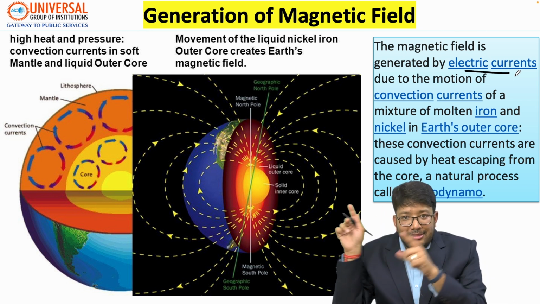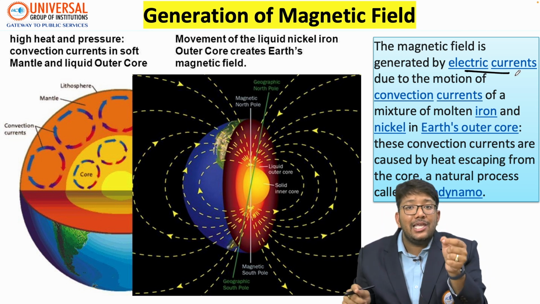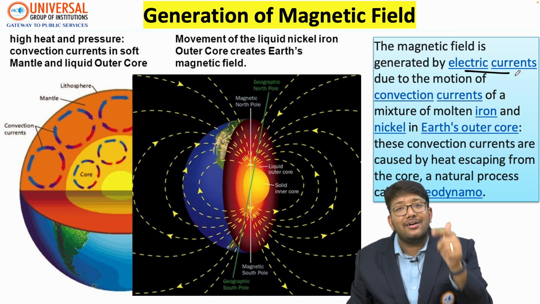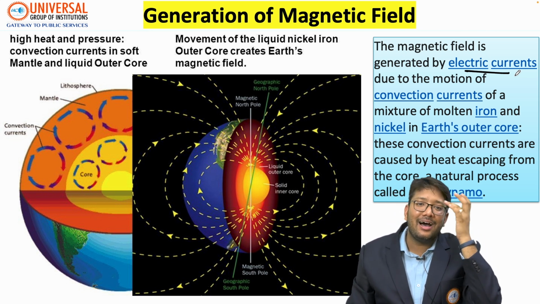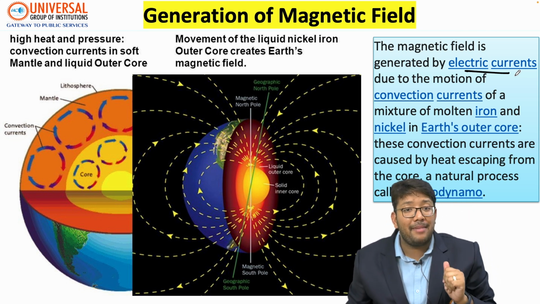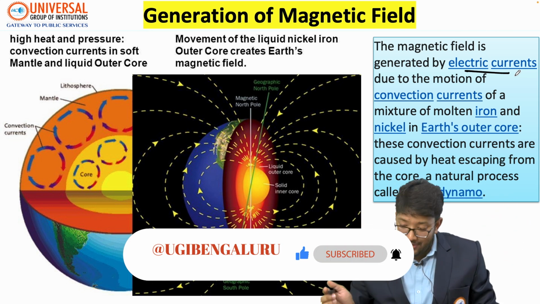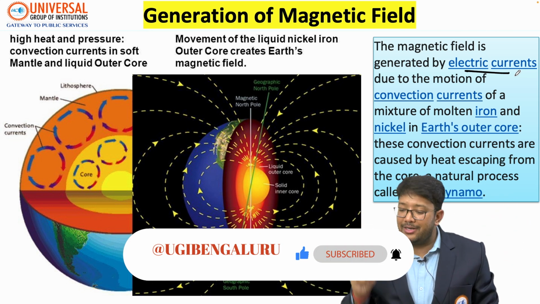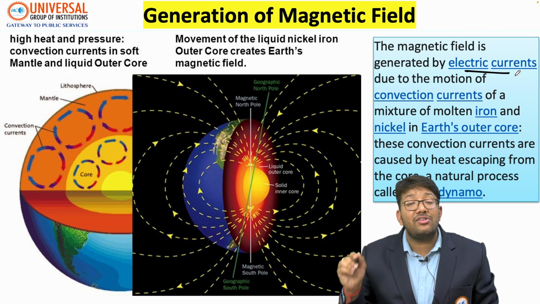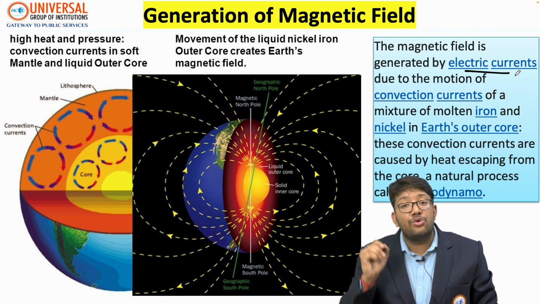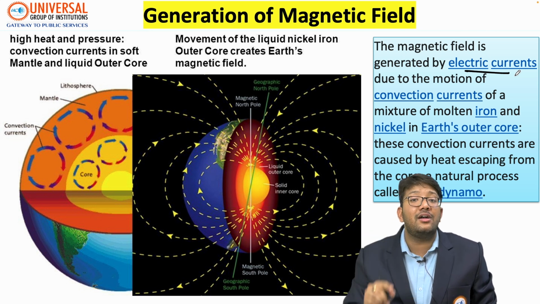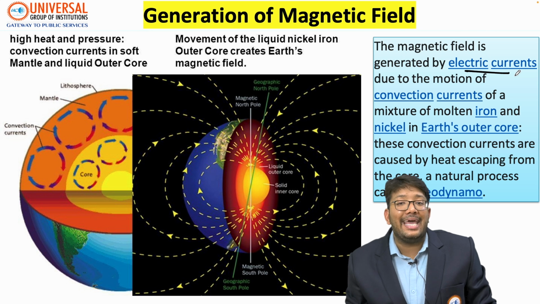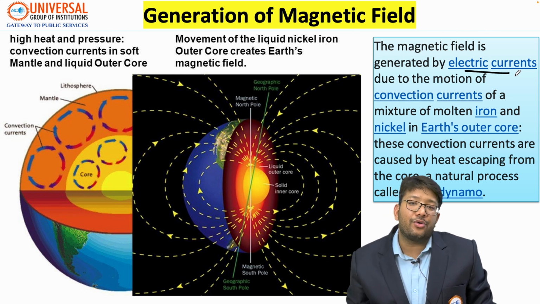So this particular point will let you understand how our Earth is behaving like a magnet and having the magnetic field. So read the definition. The magnetic field is generated by electric currents due to the motion of convection current of a mixture of molten iron and nickel in Earth's outer core, okay.